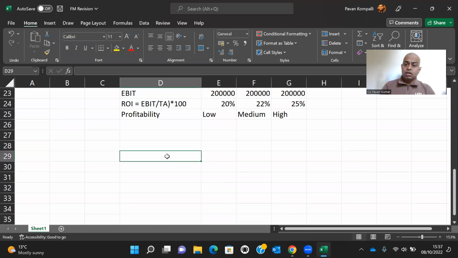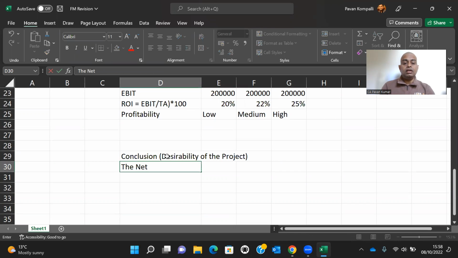See, NPV 225 you calculated. After that, conclusion. Desirability of the project. Under this, you'll write: the net present value of the project is rupees 225 lakhs as calculated above.